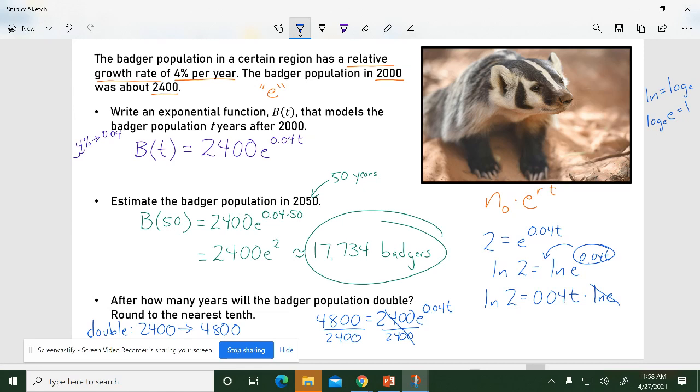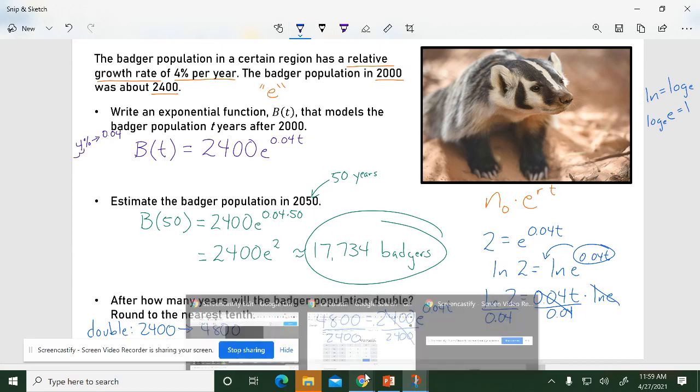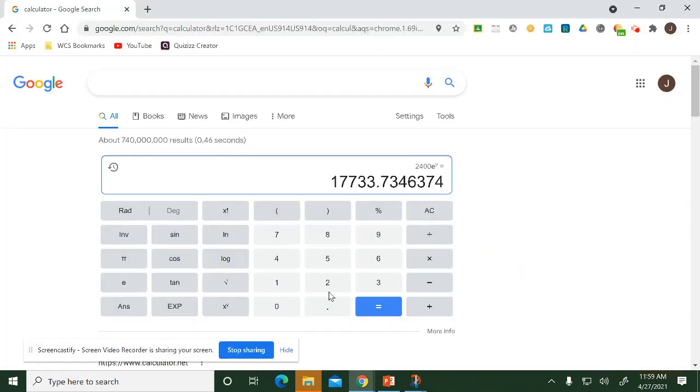So now all we have to do to get t by itself is divide by this coefficient 0.04. So you have the natural log of 2 divided by 0.04, and that should tell us t. That should tell us how long it's going to take the badger population to reach this amount. So one more time to the calculator.